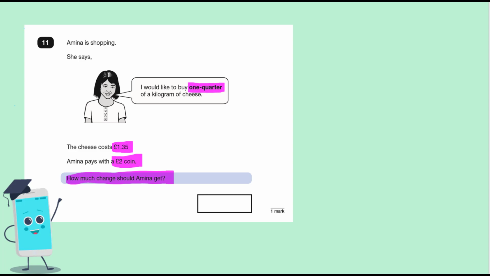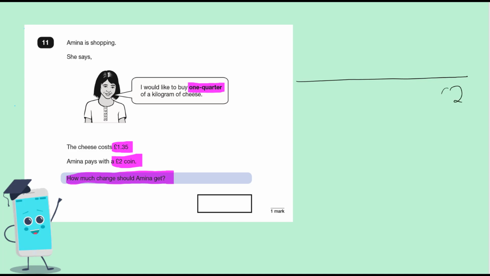So we've read the problem, we've understood it, we've highlighted any bits of important information, and now I need to decide what maths I'm going to do. So I know that Amina paid with a £2 coin, and that the cheese cost £1.35, I need to find the difference. So I would do a subtract. Now I could do my subtract on a number line.